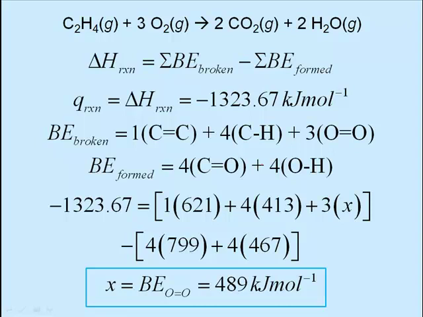If you're using Hess's law for heat of formation, the idea is the same, but it is written a little differently. Hess's law, the delta H of a reaction, is equal to the sum of the heat of formation of the products minus the sum of the heat of formation of the reactants. So with heat of formation data, you take the products data minus the reactants.